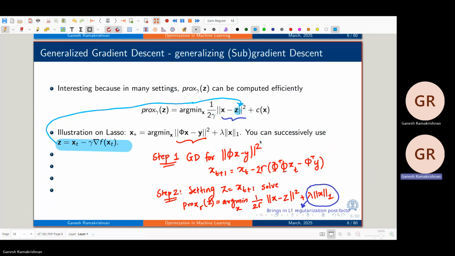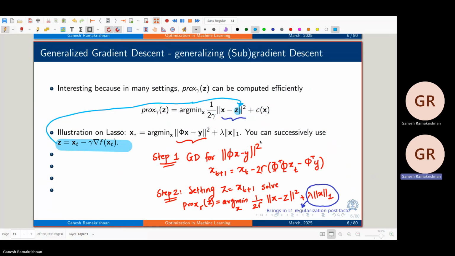So let's recap. We have done exactly this form. What were the three cases? We'll have a little bit of 2 gamma lambda, since this 2 gamma is also sitting here. Earlier it was just x minus z plus lambda.